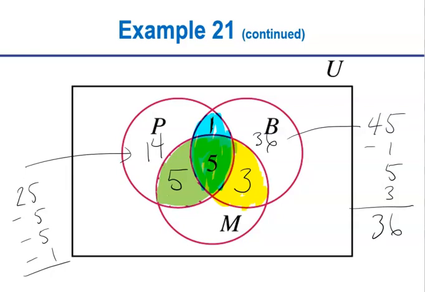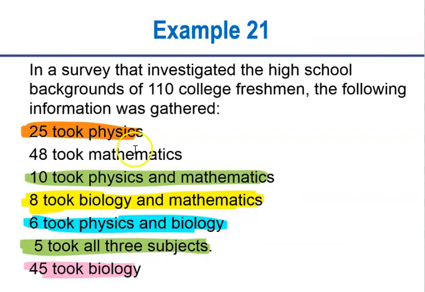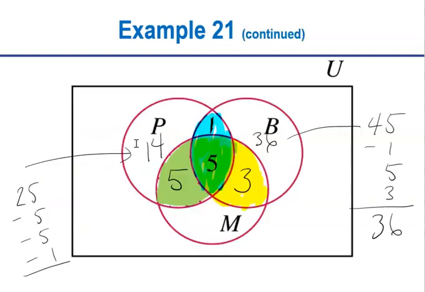And then finally math. How many students took mathematics? Looks like 48 took mathematics. So when I fill in my mathematics circle right here. Oh, well, look there. Why did that pop in there? Is it 35? Let's find out. My pen wasn't working and things magically appeared and they weren't supposed to. Let's see if that's right.